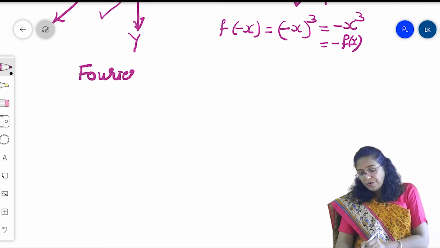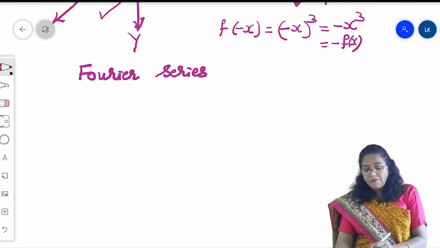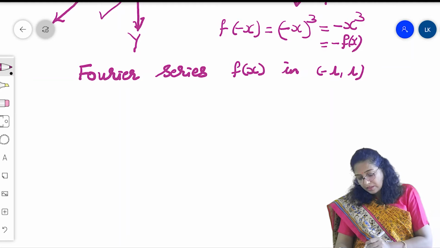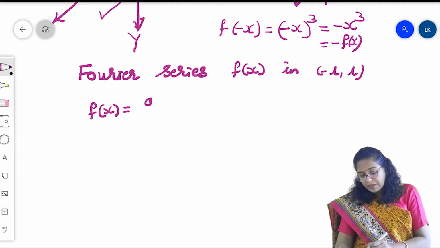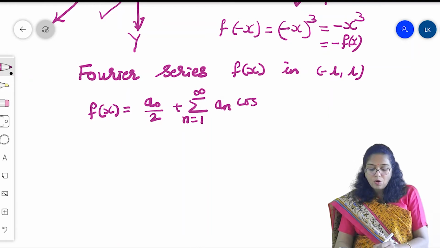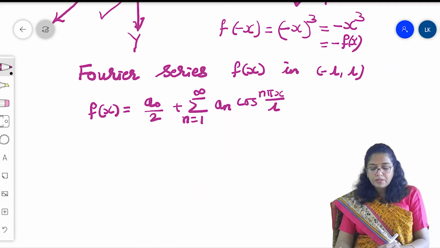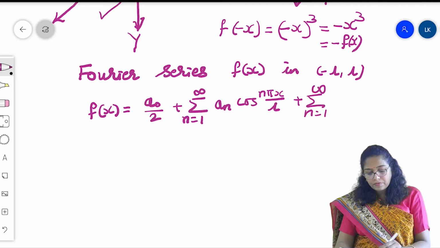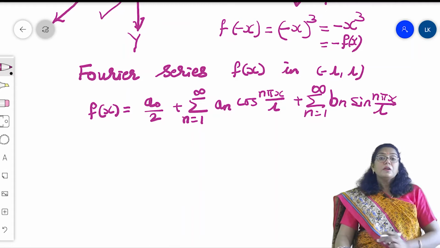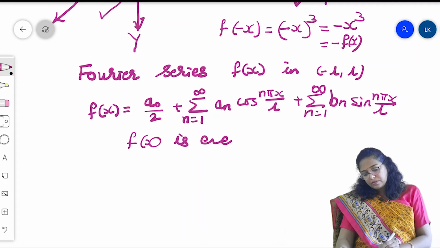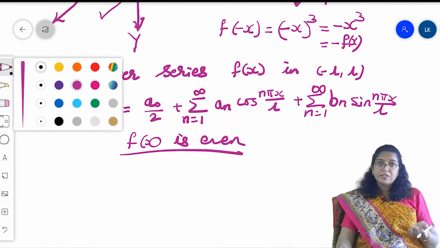In general, the Fourier series of f of x in the interval minus L to L is given by f of x is equal to a0 by 2 plus summation n is equal to 1 to infinity a n cos n pi x upon L plus summation n is equal to 1 to infinity b n sin n pi x upon L. Now, if f of x is an even function, then what changes in our formula?